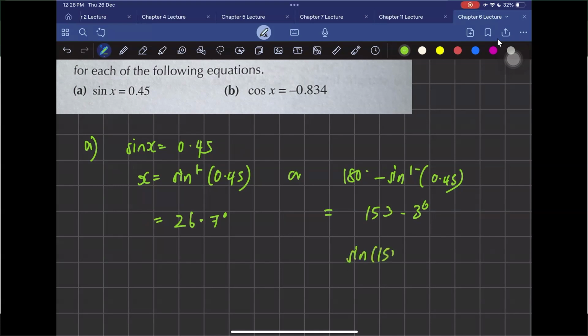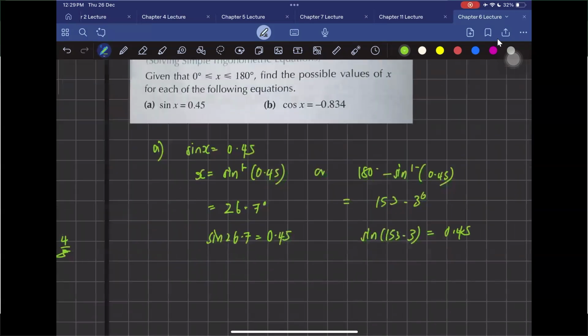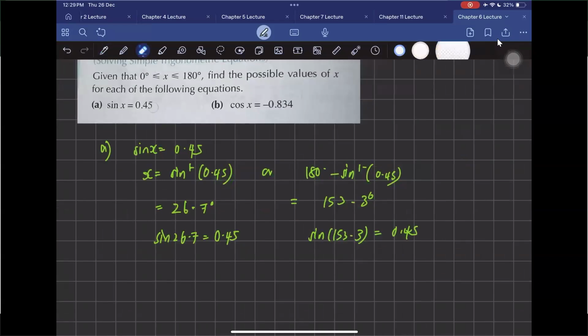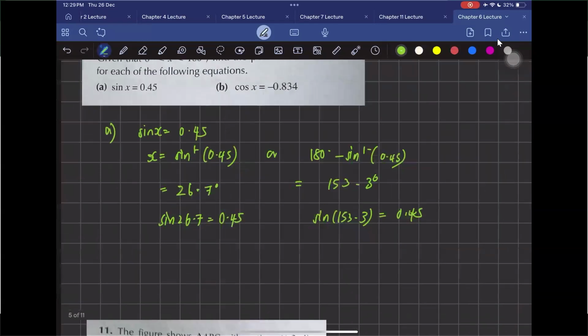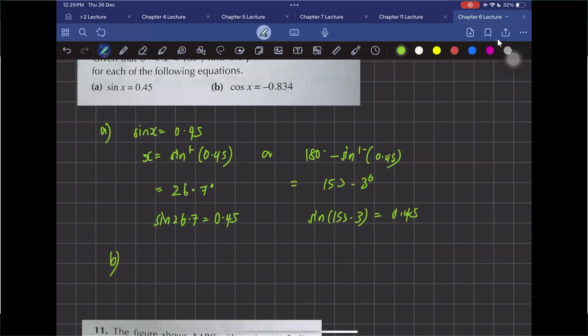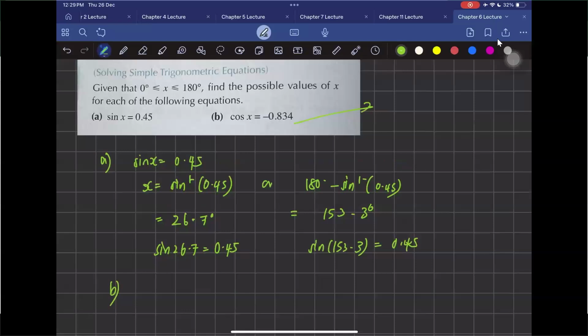Okay, so if you don't believe me, right, if you type sine 153.3, you should get 0.45. Similarly, if you type sine 26.7, you should get 0.45. Okay, so that's why for sine, when your angle is between 0 and 180 degrees, you'll get two different values. Okay, now your part B, cosine x is equals to negative 0.834. So since negative, you know that it is an obtuse angle already.